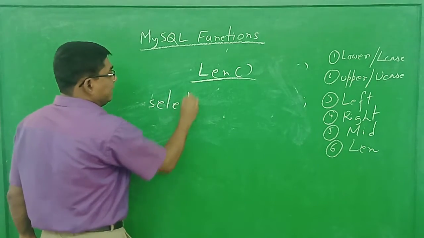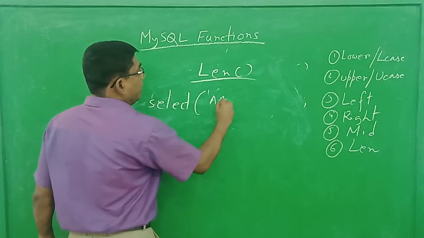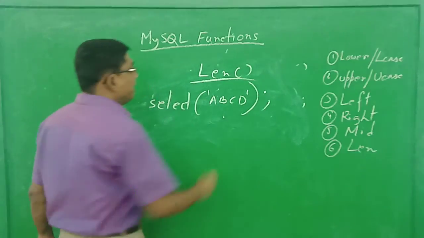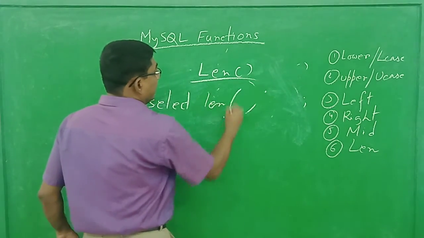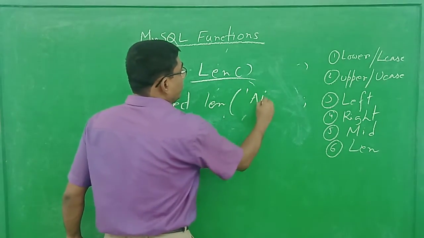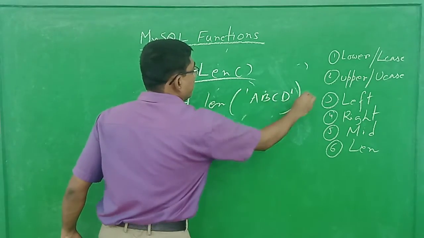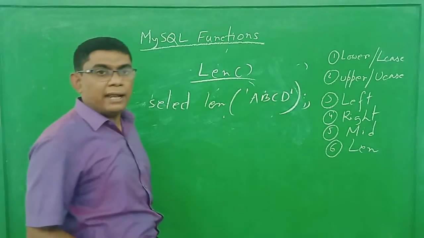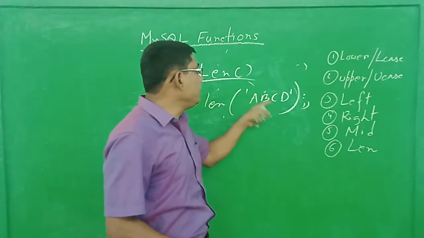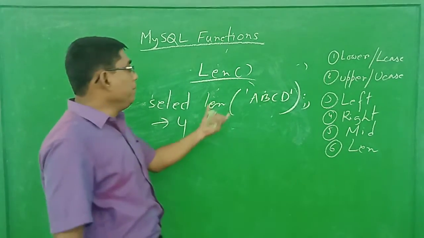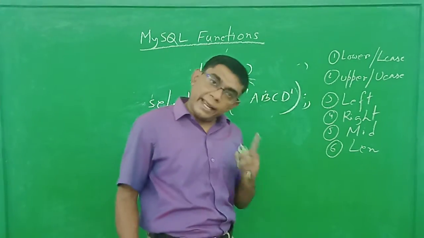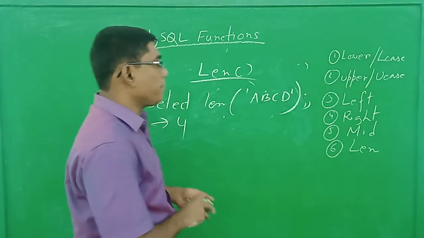Suppose you write SELECT LEN within brackets, 'ABCD'. How many characters are there? There are 4 characters: 1, 2, 3, and 4. So the answer will be 4. LEN means it will count the number of characters within a string.